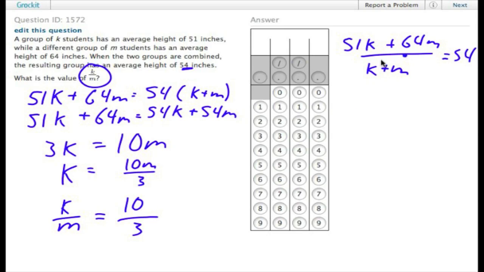So if you at least know that this is an equation you can create based on the information provided, you just start playing around with it until you can isolate K over M.